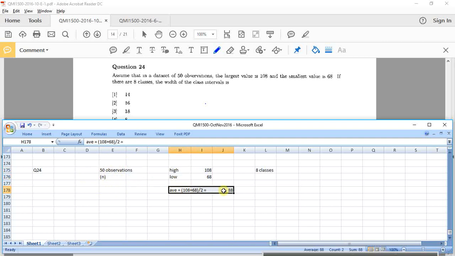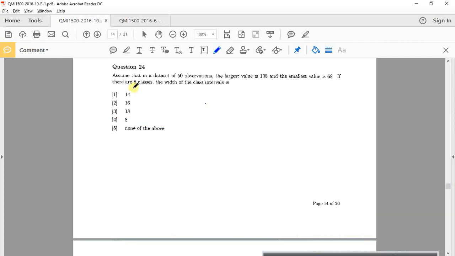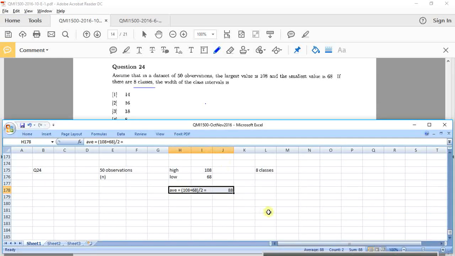On average, 88 would be the average for the 50 observations. So the width of the class intervals, maybe the 8 classes means divide by 8. But then you won't get an answer. 88 divided by 8 is 11. There's no 11 there.